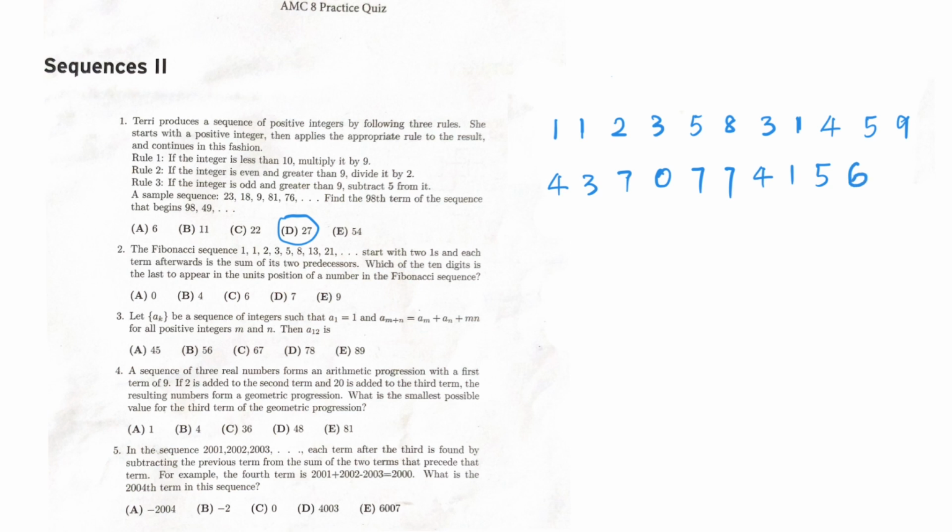Now, the last number is 6. Look at it, we have 1, 2, 3, 4, 5, and 6, and we have 7, 8, 9, and 0.